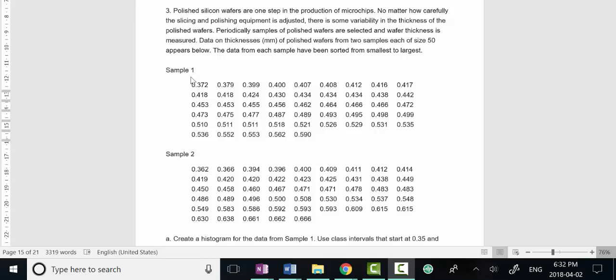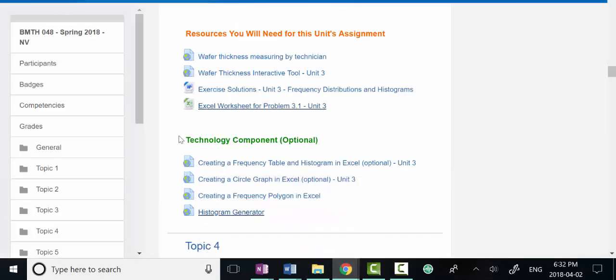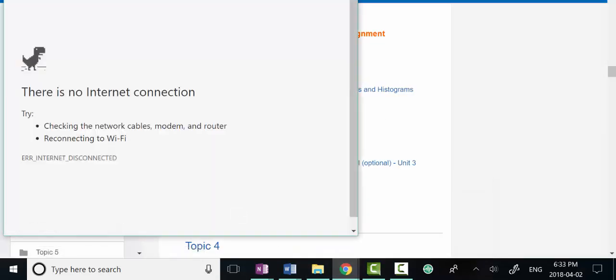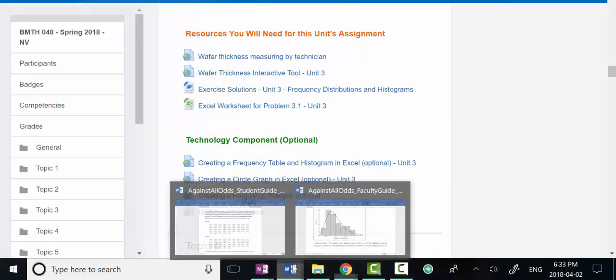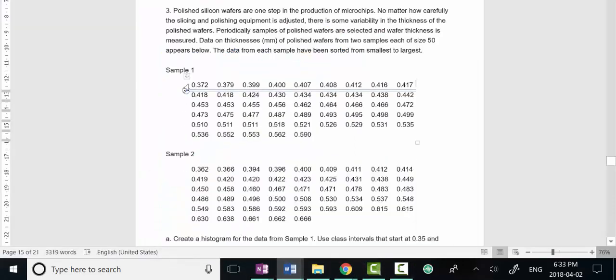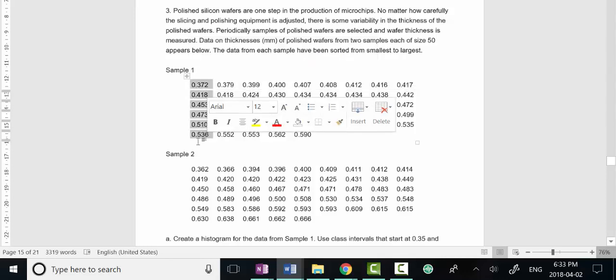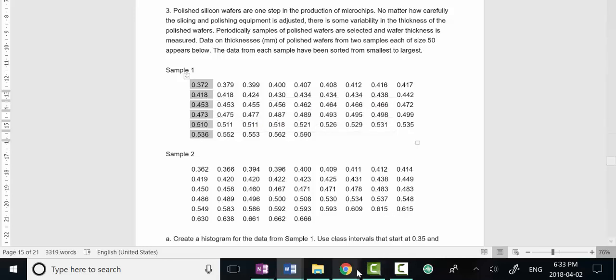I'm going to use the histogram plotter, the histogram generator, which is in your Moodle course. Once I've got the generator operational, I'm going to copy the data in column by column, and paste it into the generator.